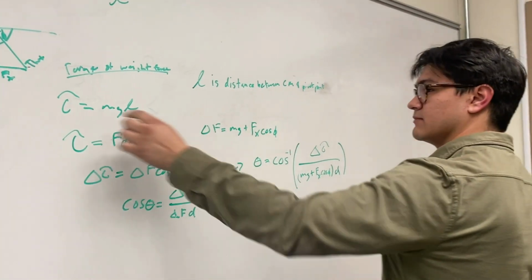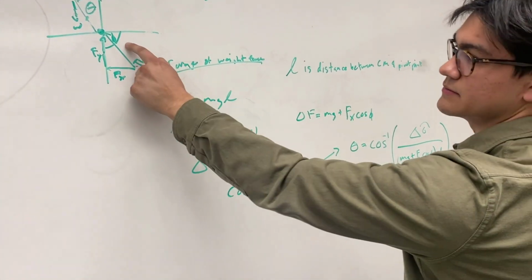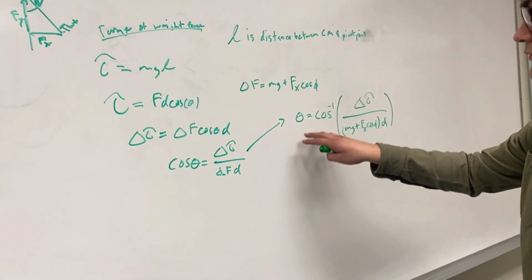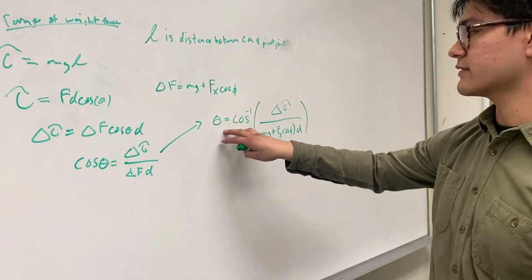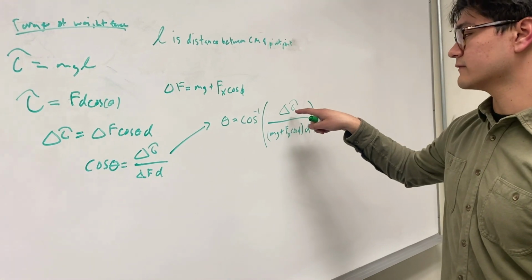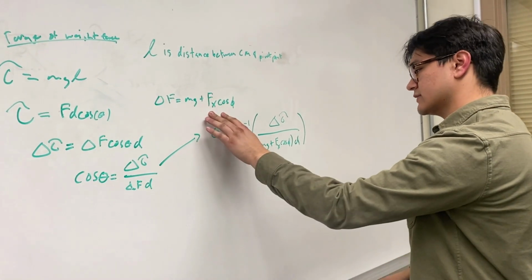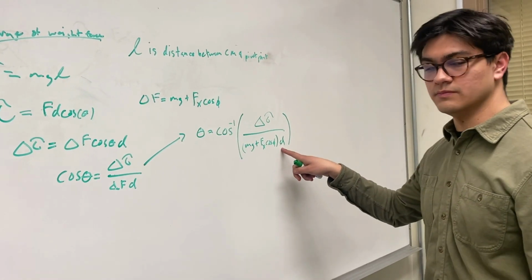So we have the X component of the thrust times the cosine of phi, which is this angle right here. We can rearrange the equation so that theta is equal to the inverse cosine of the net torque divided by delta F, which we just expressed, times the lever arm, D.